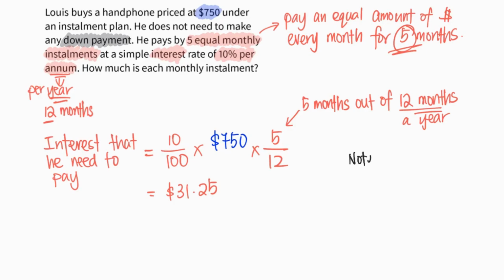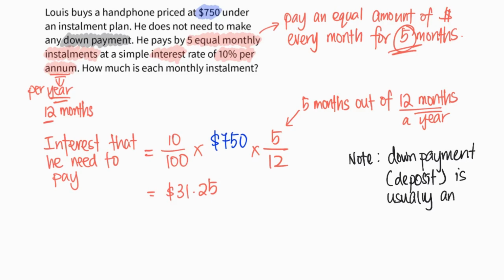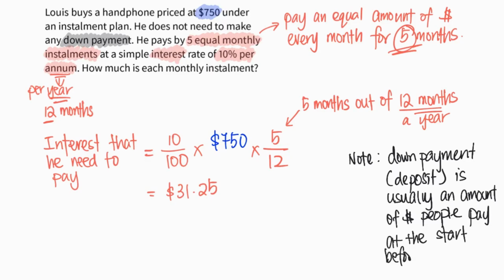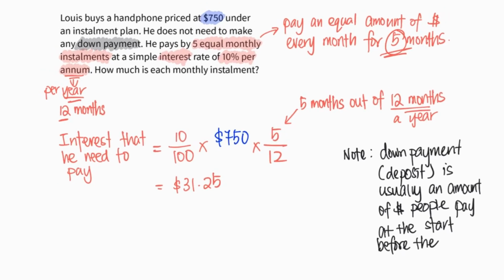A down payment, another word for it is also called deposit, is usually an amount of money people pay at the start before the monthly installment comes in.